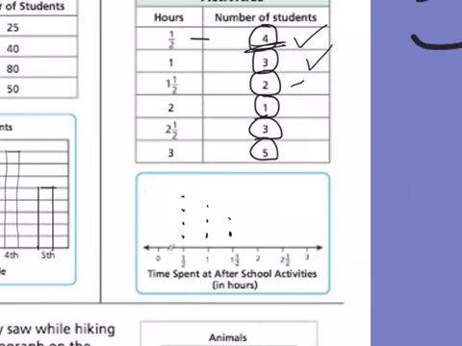So 1, 2. 1 student spends just 2 hours. 3 kids spend 2.5 hours doing after-school activities. And the last entry point is 5 students. 1, 2, 3, 4, 5 students spend 3 hours doing after-school activities. So that's what your line plot should look like.